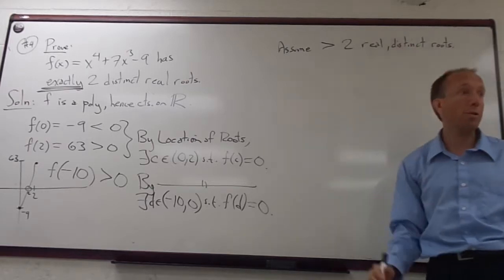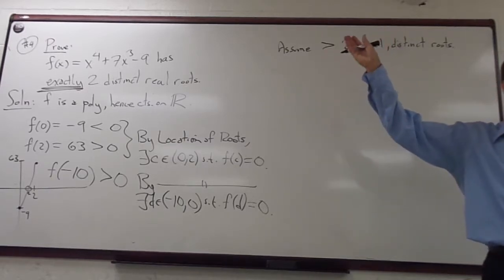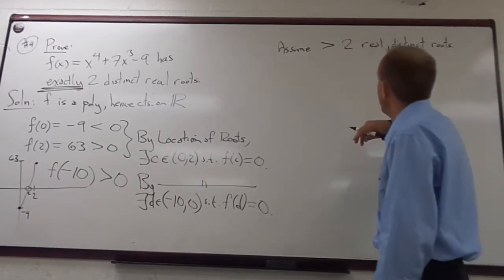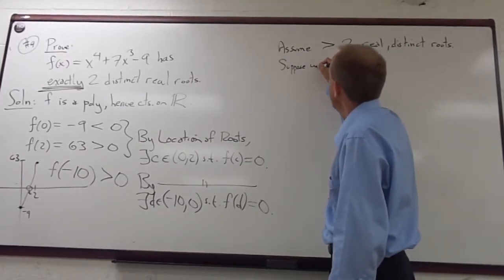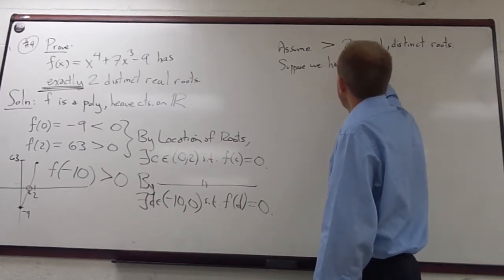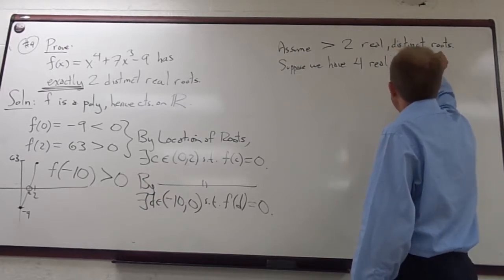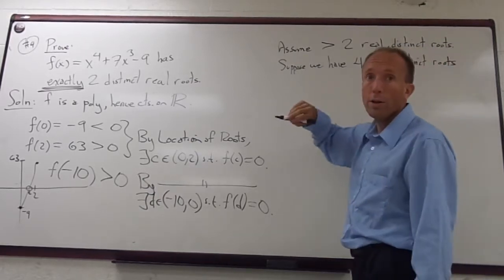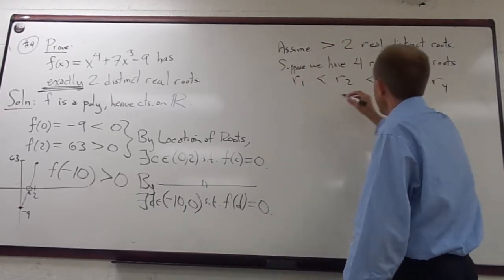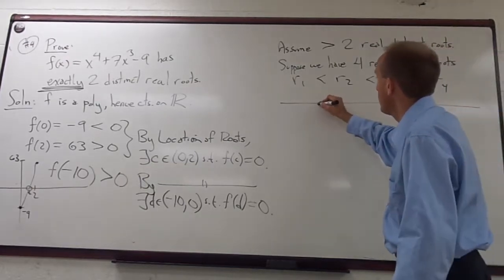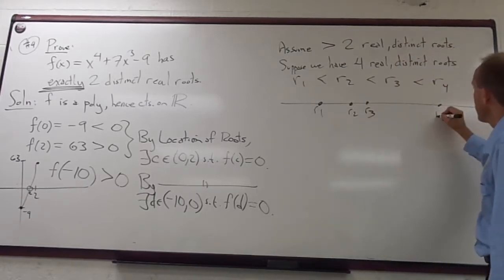So if we're assuming there are more than 2 of them, then we're actually saying that all 4 of those roots are real roots. Okay, so suppose we have 4 real distinct roots. Let me just call them R1 less than R2 less than R3 less than R4. So I can actually put these on a number line. Here's R1, here's R2, here's R3, here's R4.